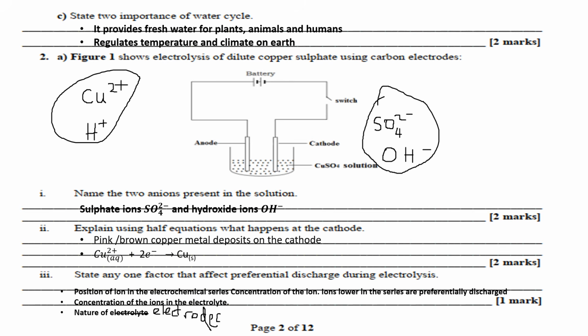Once again, I wanted to emphasize that the position of the ion is very important. So ions that are lower in the series are going to be preferentially discharged. Take note of that. In this case, it is copper ions.